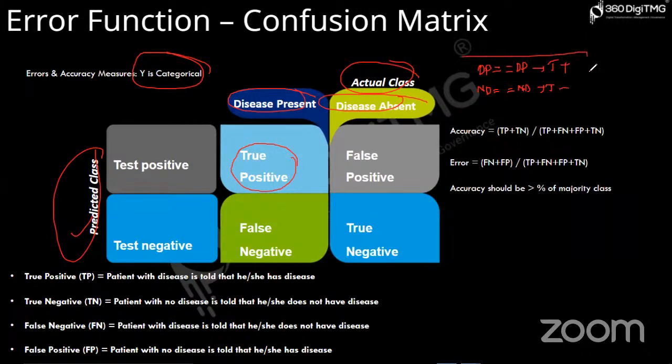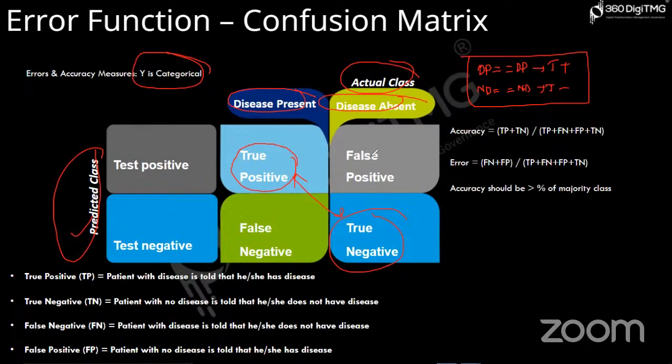These two values are very important. These are true predictions, and we are concentrating on these values. If these values are more, my prediction is better and my accuracy will obviously be higher. Here I am looking at accuracy, not error.